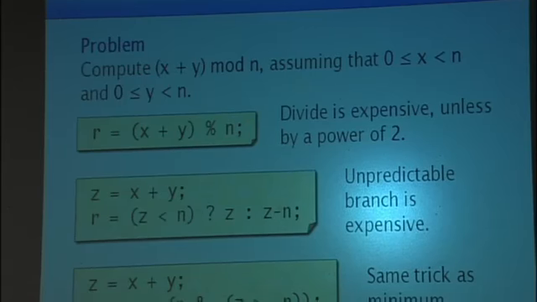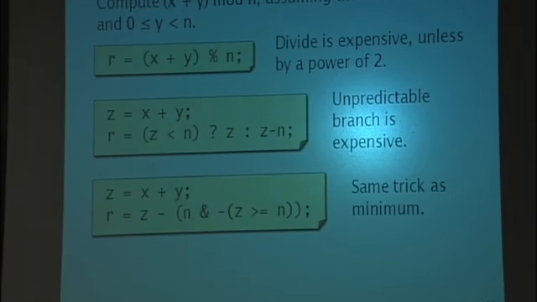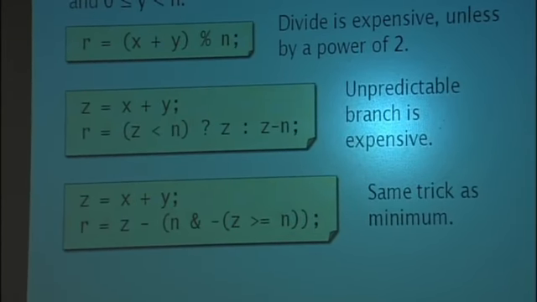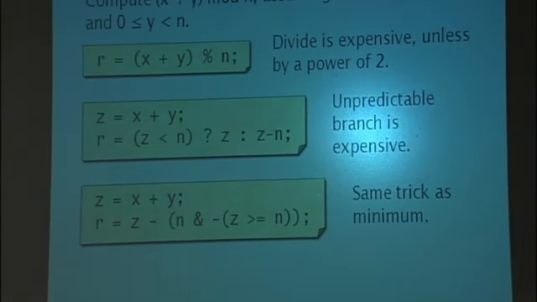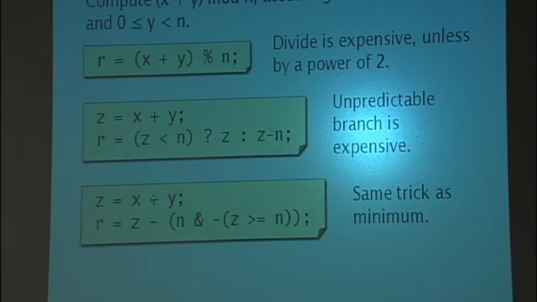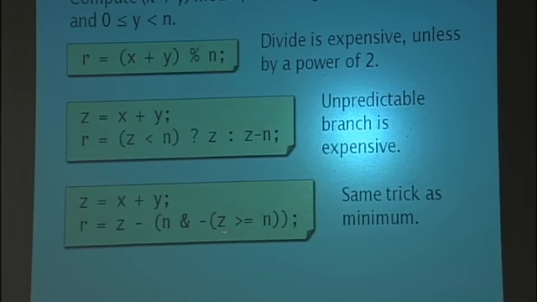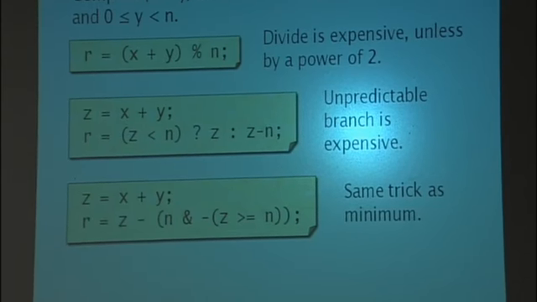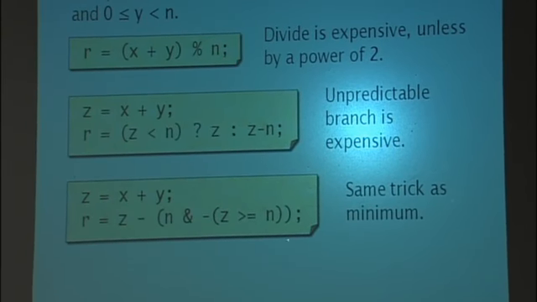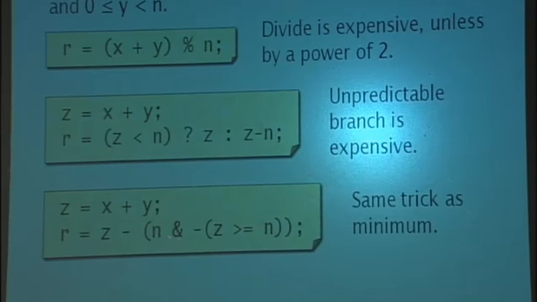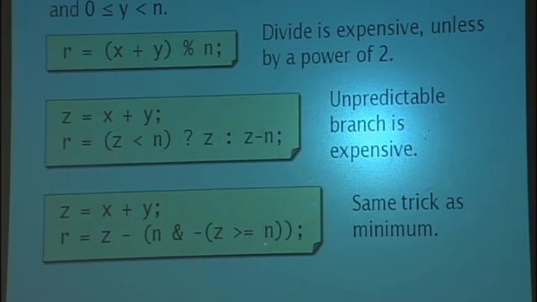Okay? So here's a way of doing it which doesn't have an explicit branch. We compute x plus y, and now we look at whether z is greater than or equal to n. And if it is, we're basically going to take the negation, so that if it's greater than or equal to n, the negation here is all 1s. Once again, that is minus 1. And so this becomes n ANDed with minus 1.